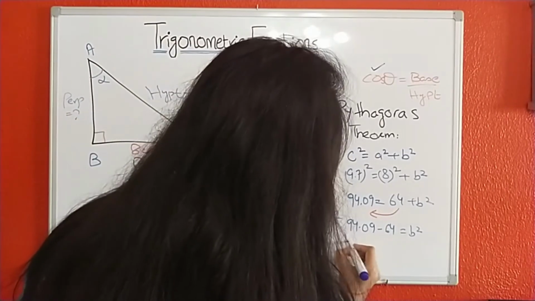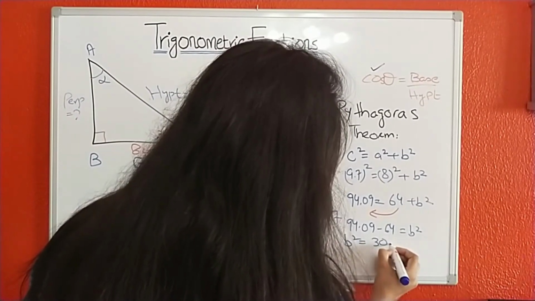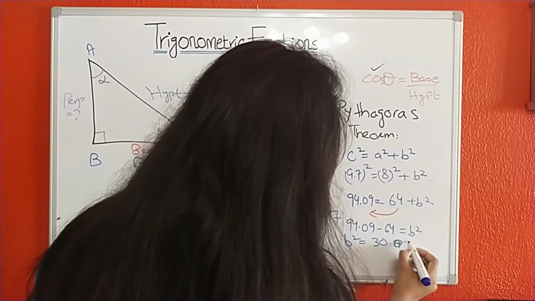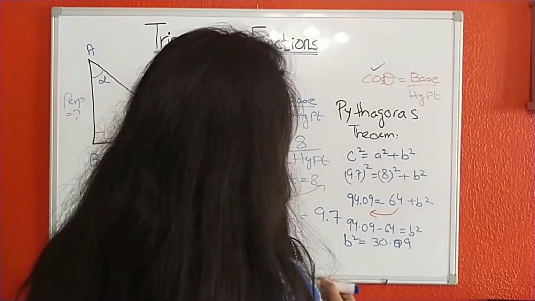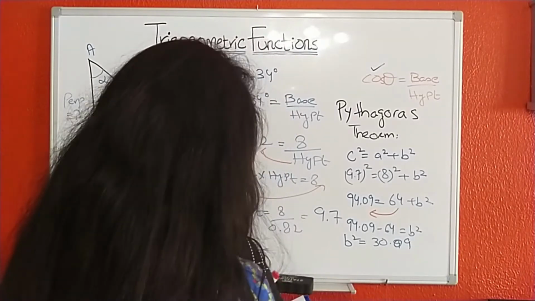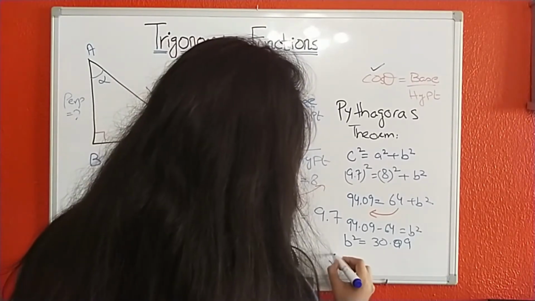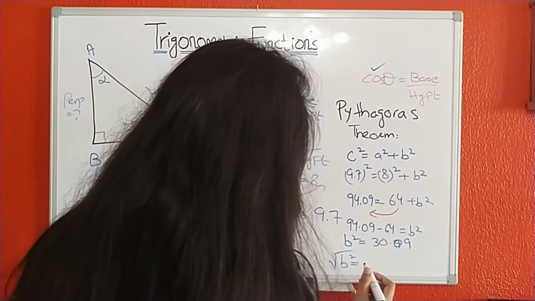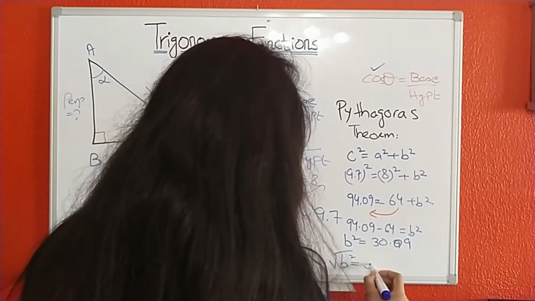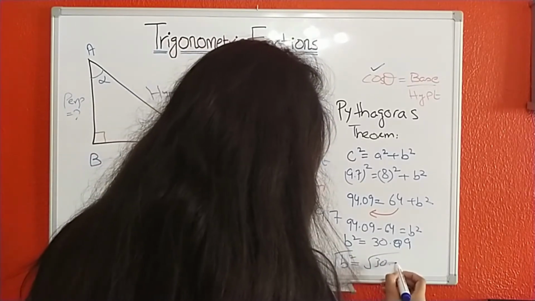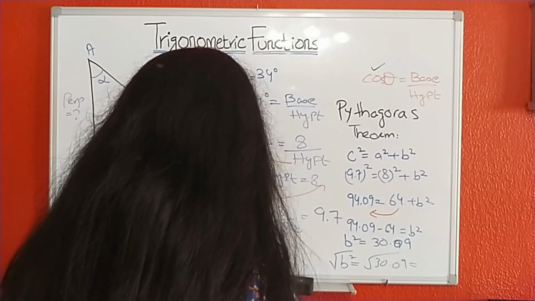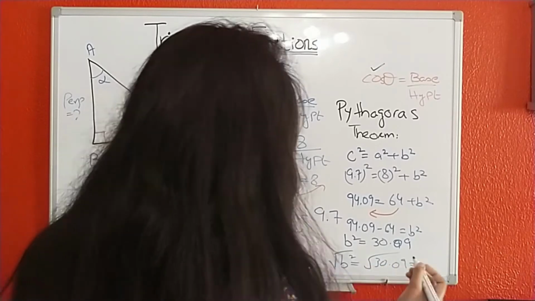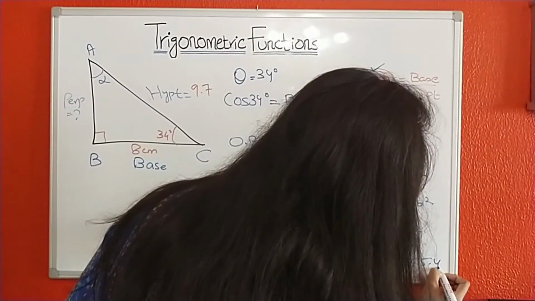So the value of b square is 30.09. Okay. Now to cancel the square, I am applying root on this side. So root b square is equal to, I am also taking the root of 30.09. So the value of perpendicular here is 5.4.